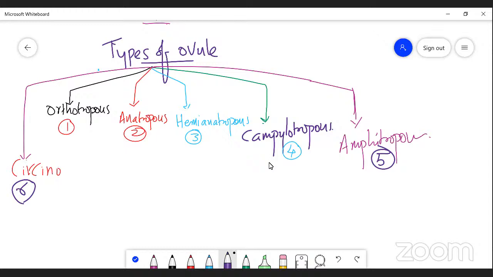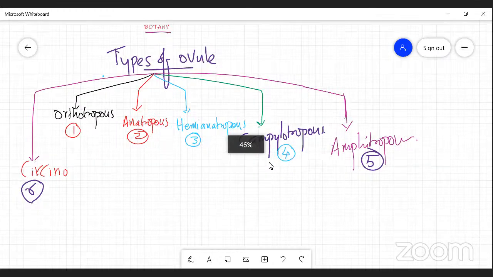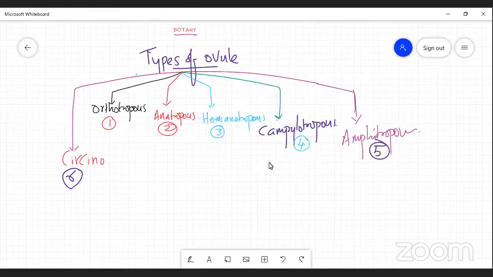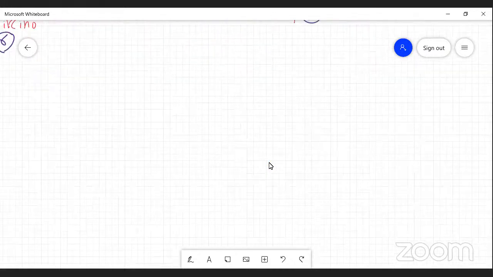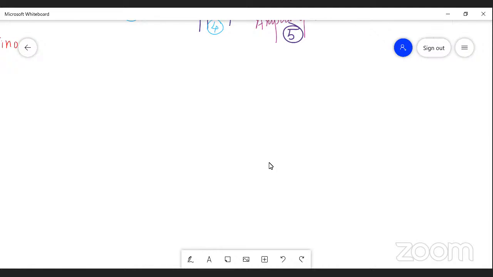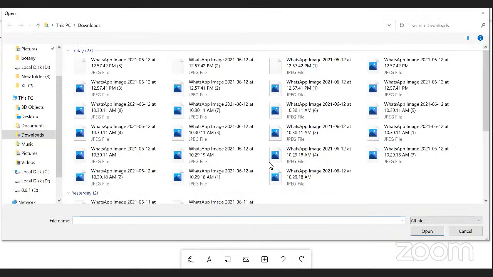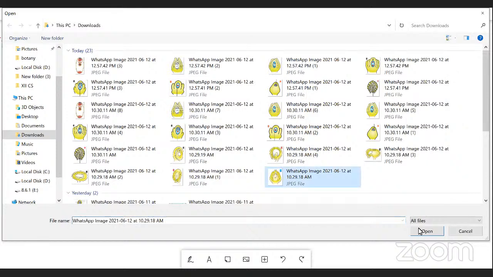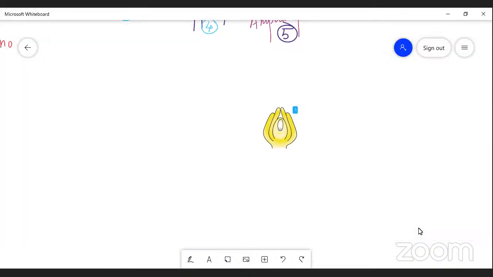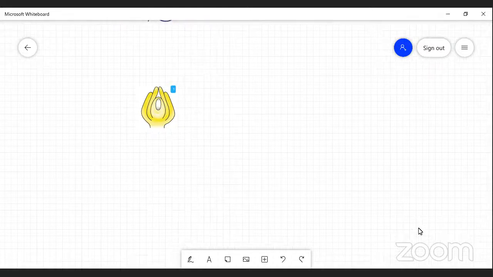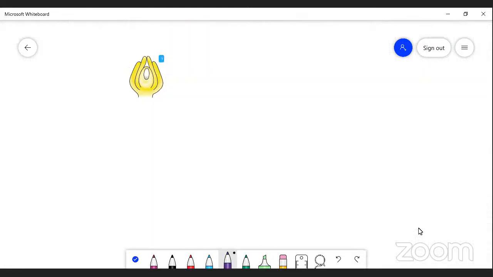First of all, let me give an example for orthotropous. I'm talking about the first type. This is a structure of ovule, as I said, an orthotropous ovule.